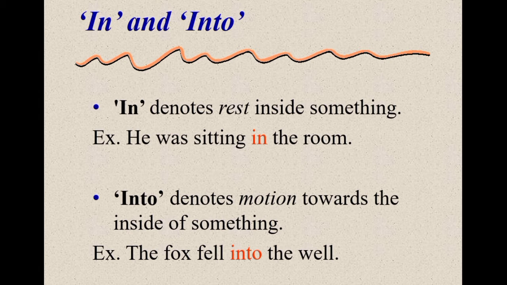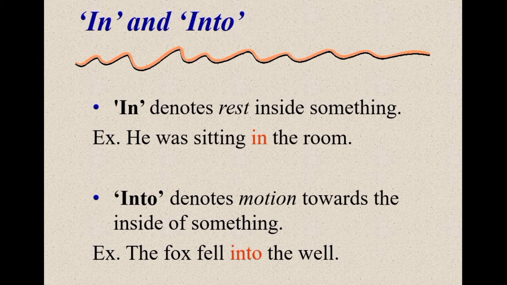So in the room, the man is sitting. So where? In the room. So in denotes rest inside. Here we have used in, which means there is no motion. If there is rest inside, then we will use in.